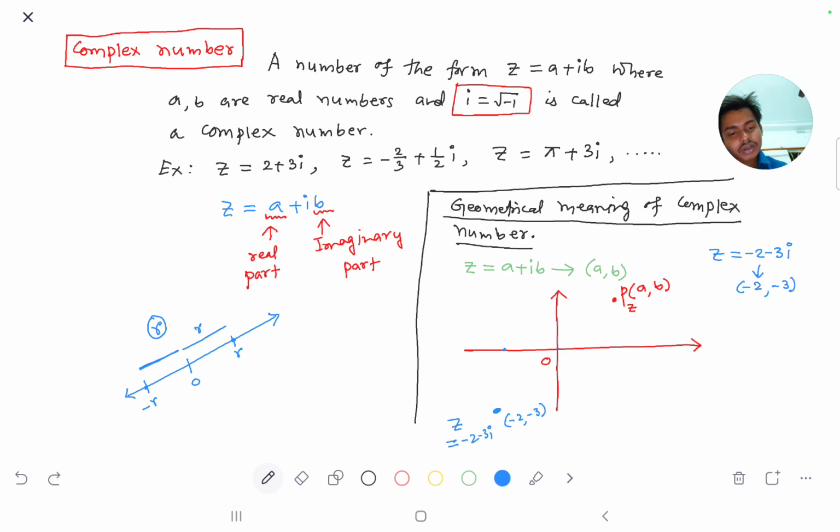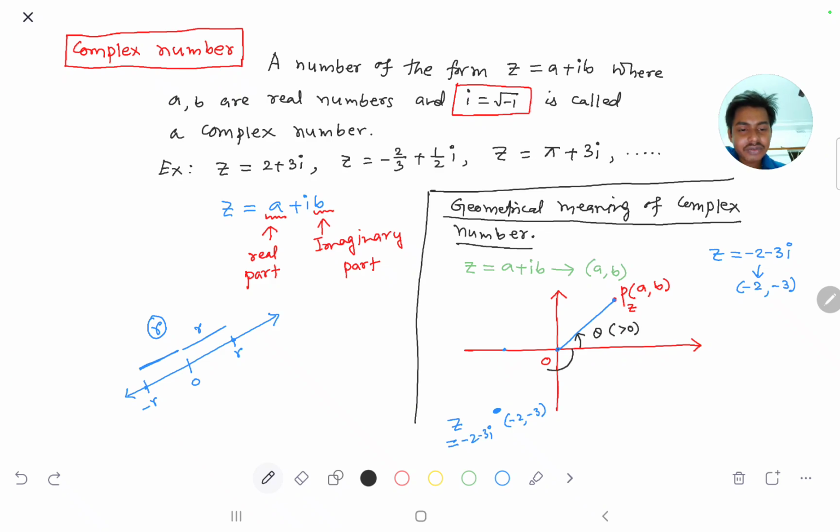Now what we can do is join O to the point P suffix z. This ray OP will make some angle with the positive x-axis. That angle we can take in two different ways. Either anti-clockwise, in which case we get a positive angle, so theta will be positive.